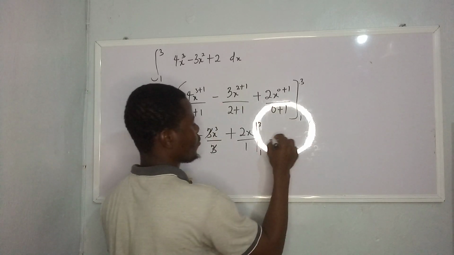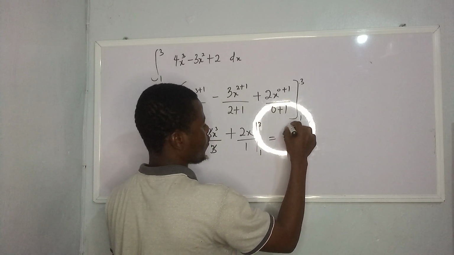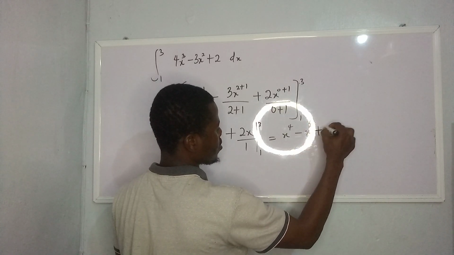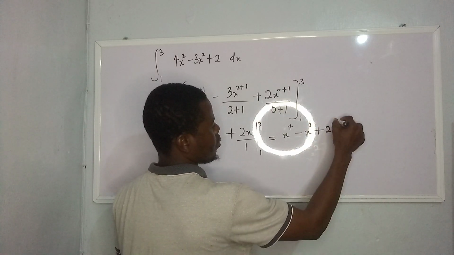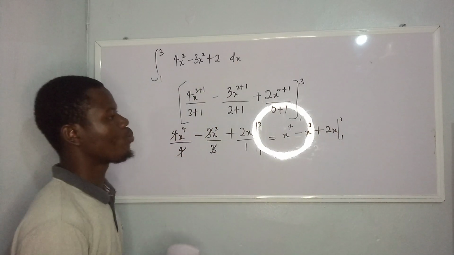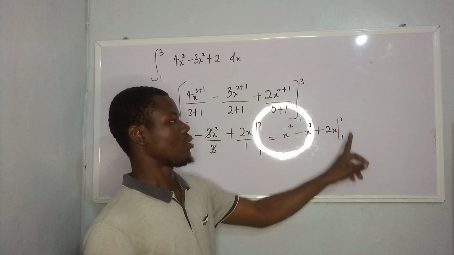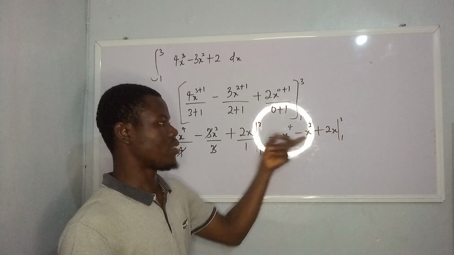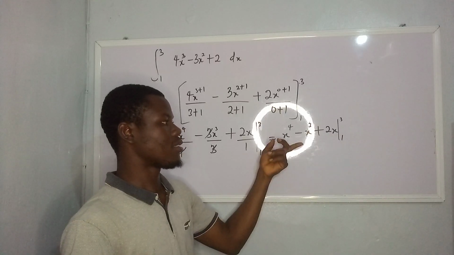So we're going to have x to the power 4 minus x to the power 3 plus 2x from 3 to 1. What I'm going to do next is put in these values, 3 and 1. You put the first number, which is the upper boundary, wherever you see x, and the lower boundary wherever you see x also.